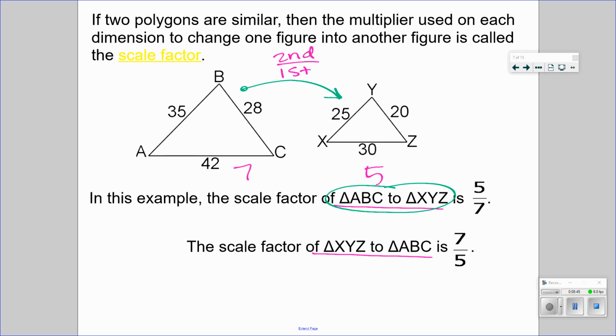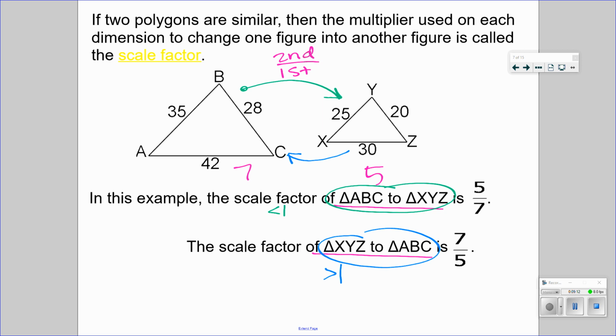Decrease. It shrunk for that dilation, which means your scale factor has to be less than 1. That's how you make something reduce, less than 1. Same thing here, if you are going from XYZ the other way, that's enlarging that figure, so it has to be greater than 1 for your scale factor.